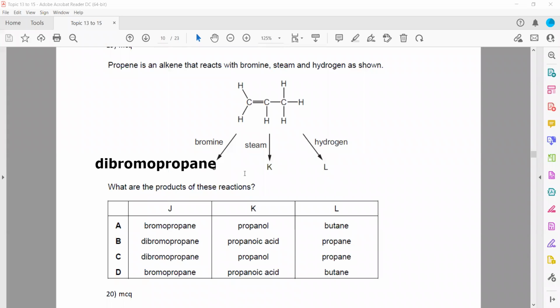When it reacts with steam, it will produce propanol. And when it reacts with hydrogen, it produces propane. So dibromopropane, propanol, and propane. So C will be the right answer for this.